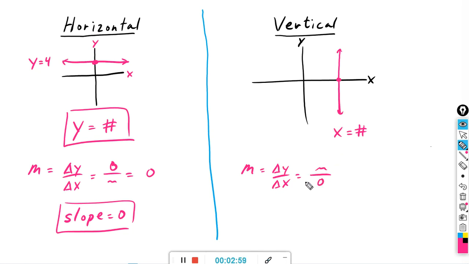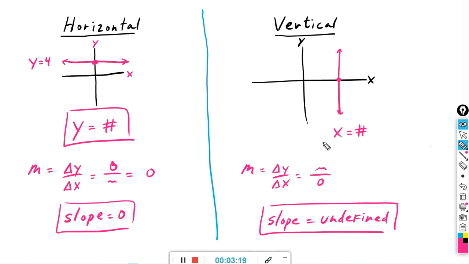And we cannot divide by 0. So in this case, the slope is undefined. So for the vertical line, the equation is x equals some number, and the slope is undefined.